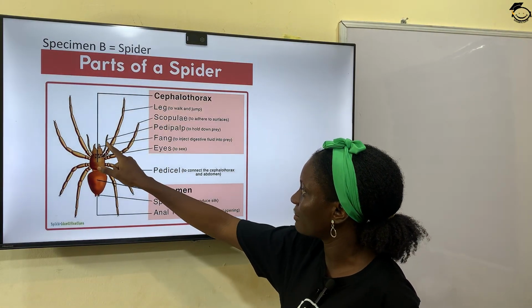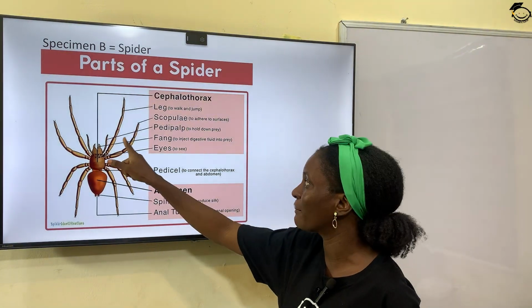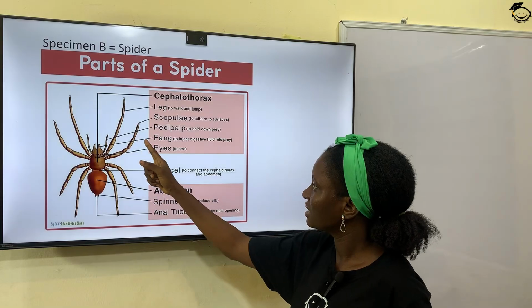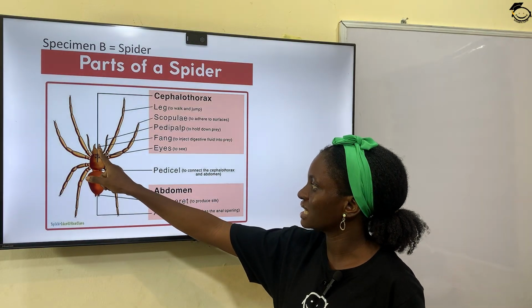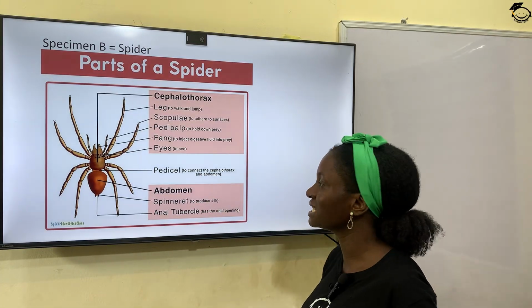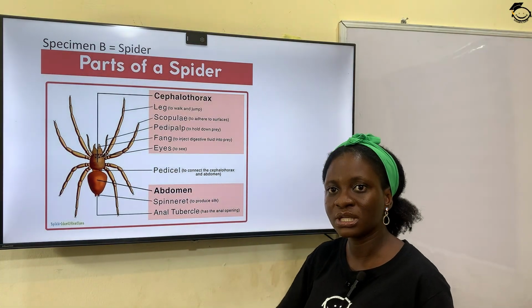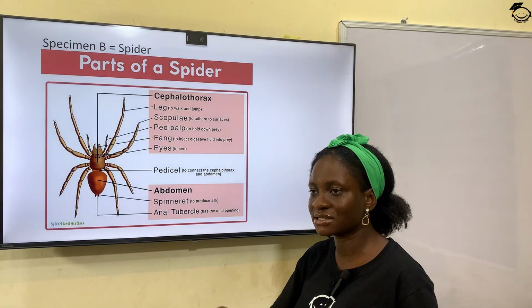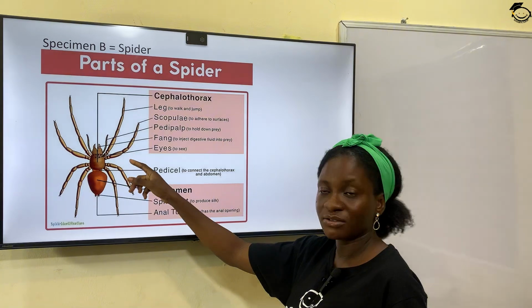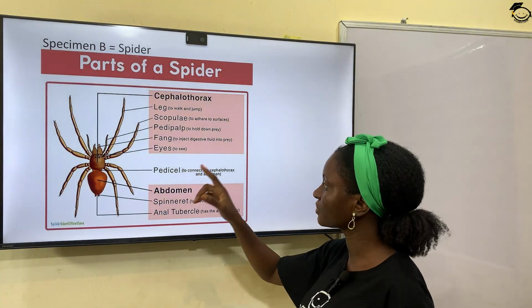The pedipalp, this is the mouth part, the palp, to hold prey. For the fang, this is the upper part here, this tiny part is the fang. It is used to inject digestive fluid into prey. That's spider food. Then the eyes for vision.